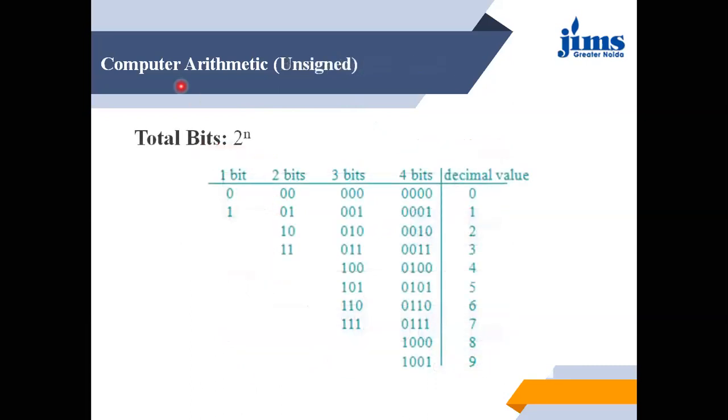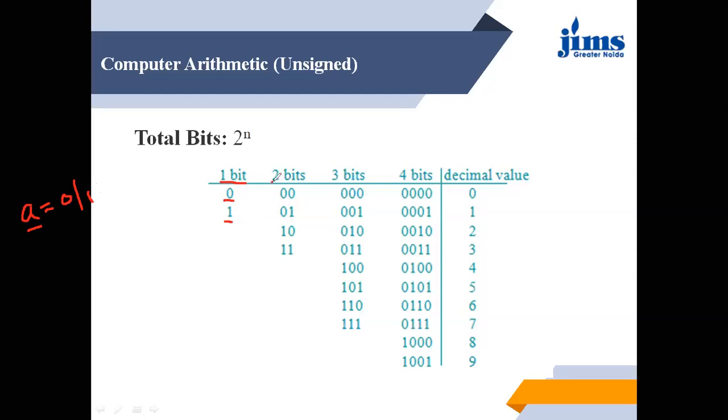So if I have a number A of 1 bit, then the value of A can be either 0 or 1. When I have a 1-bit number, the values can be 0 and 1.